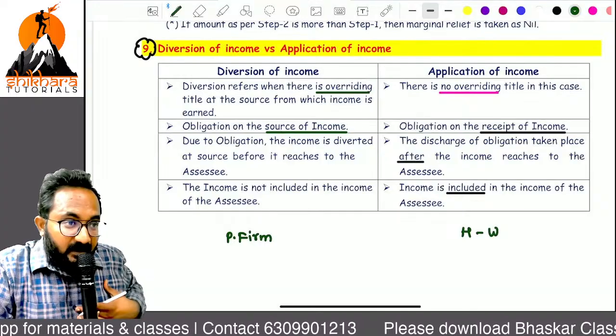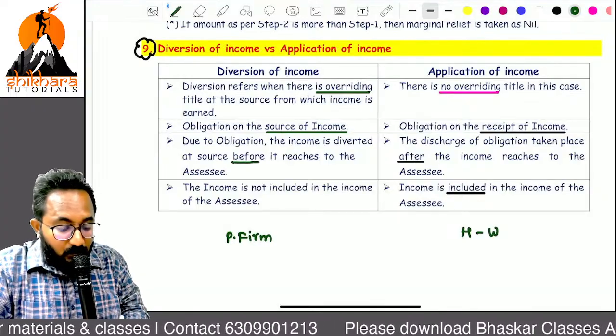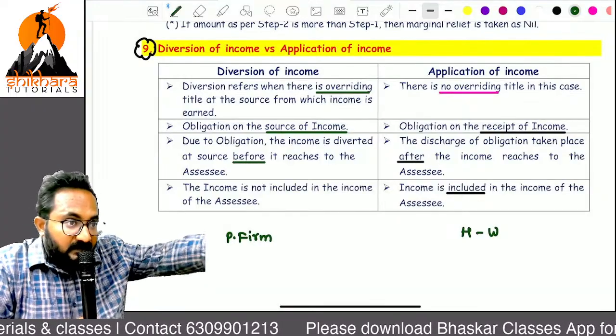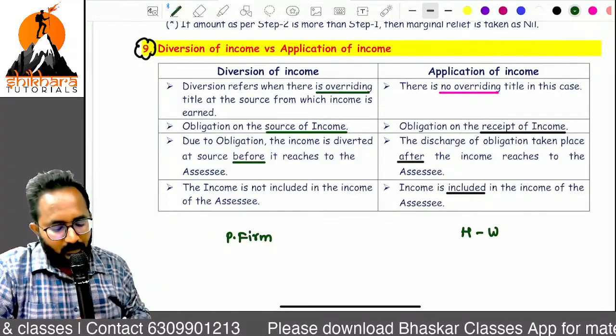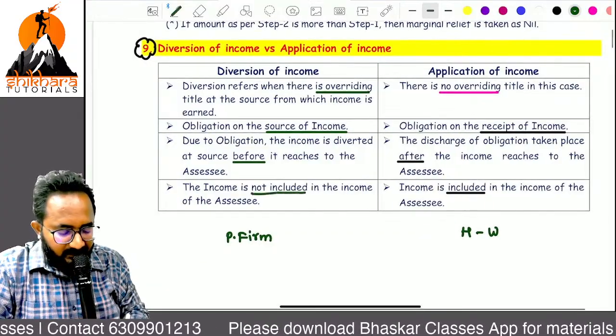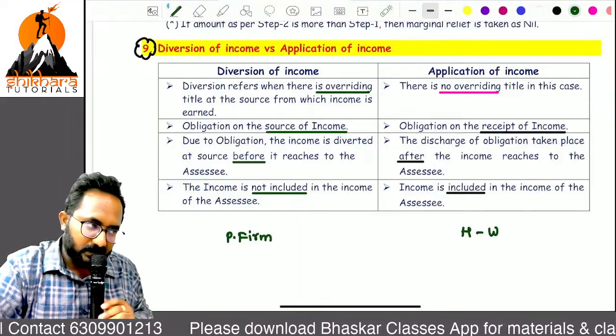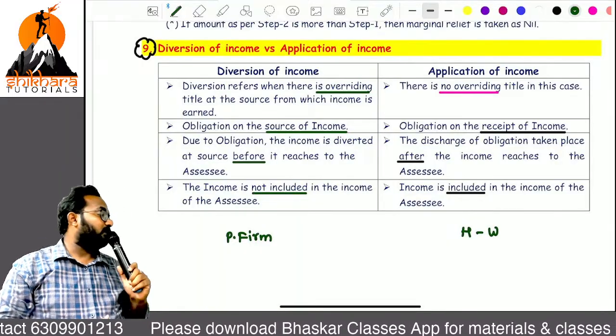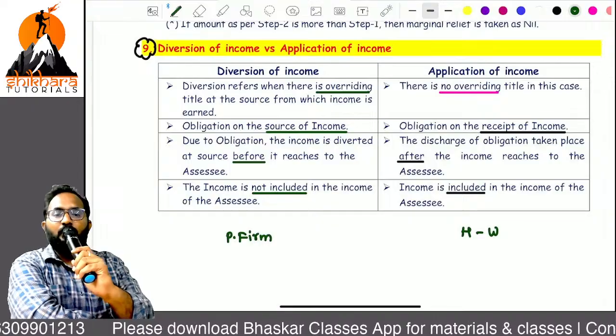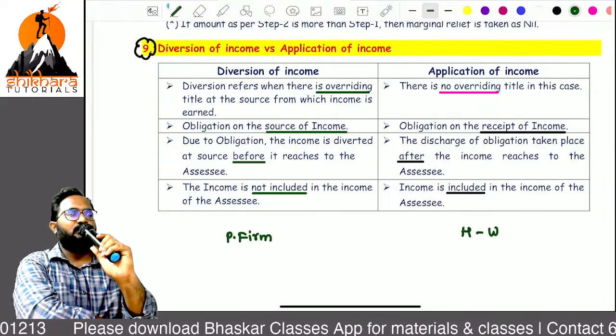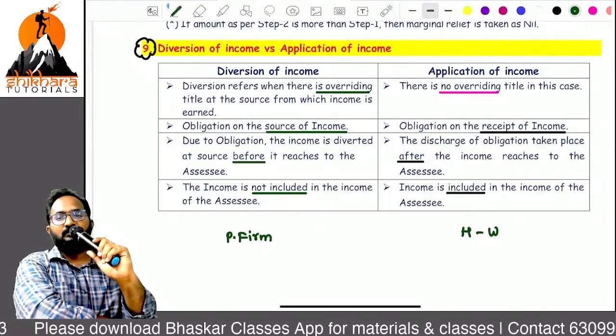Due to this obligation, I have to give this amount to that mother before it reaches my hands. And whatever amount is diverted is not included in the total income. These are the four differentiations you have to remember. Without examples, you will not understand this concept at all.